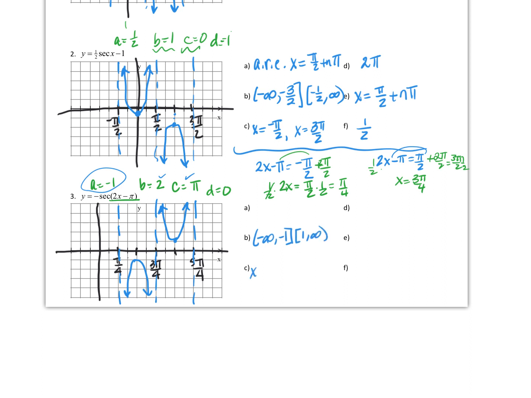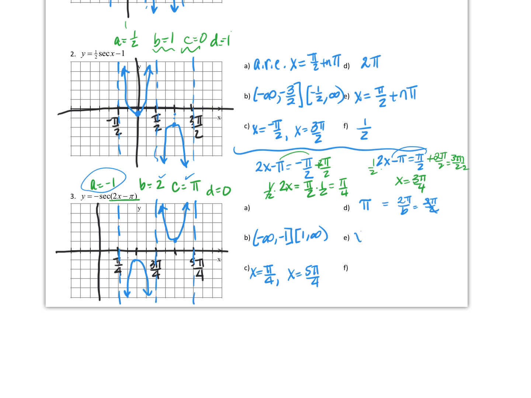Where does it begin and end? This one begins at pi/4 and it ends at 5 pi/4. Notice the difference between these two is 4 pi/4, which is a period of pi. If you're not sure, you could have done 2 pi over b, which is 2 pi/2, which would give you pi.